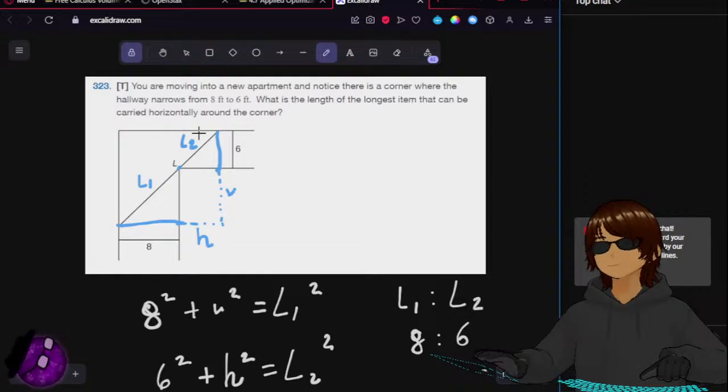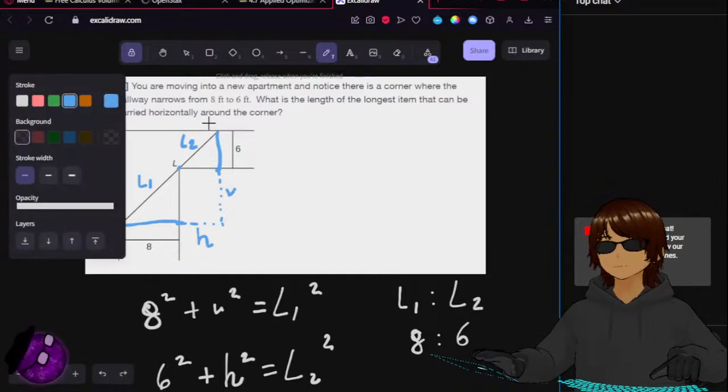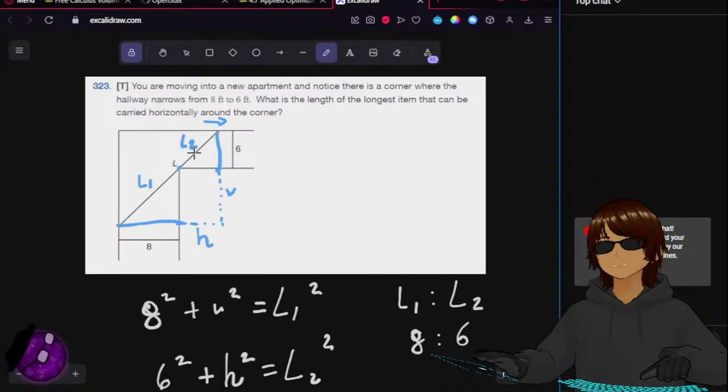Because if you were to push this line, L2 would get bigger and bigger, and L1 would get smaller.